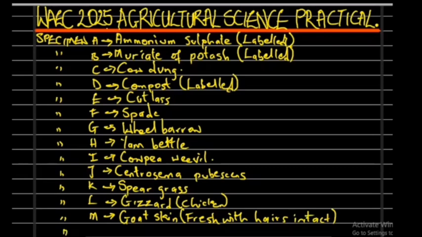And lastly, our specimen N should be horn. So these are the list of specimens that we'll be looking at for this particular tutorial session. We'll start to talk about each of them one after the other. So come right along with us as we do so.